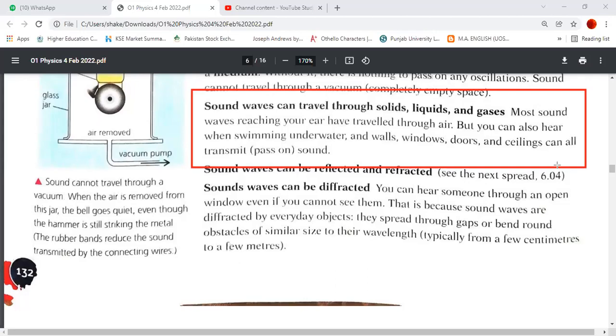For example, if you are striking something against the wall, the persons on the other side of the wall are able to hear that sound coming through the wall. So the wall and other solids, all of these solids, liquids and gases, can be mediums for sound.